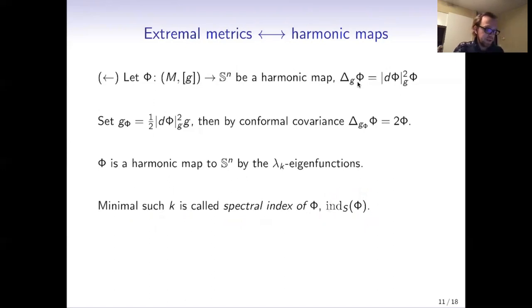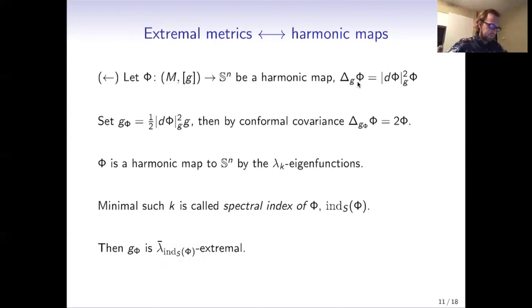And note that for the smallest such k, you have that lambda k minus 1 is strictly less. And this property of being strictly less is sufficient to go the other way in the correspondence, to go from having a sign-indefinite condition to having an extremal metric. Which means that this metric g phi is extremal for the eigenvalue with this index.